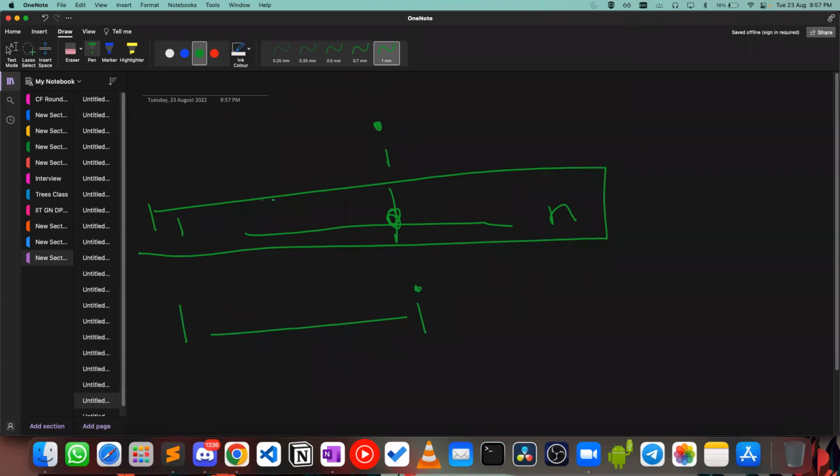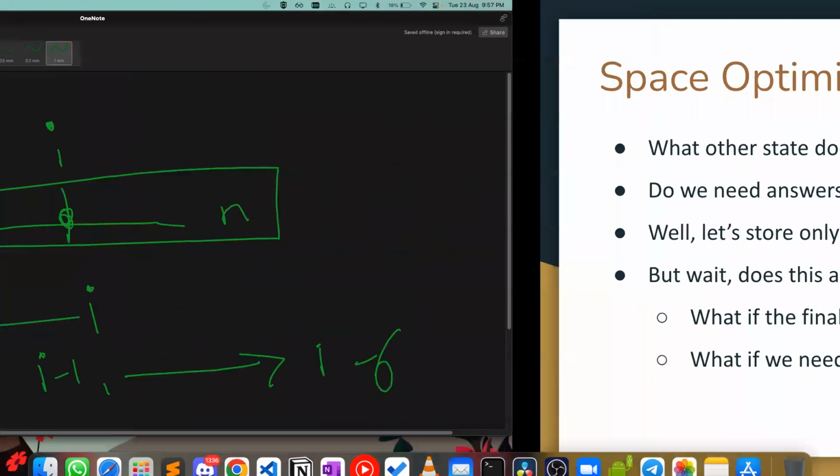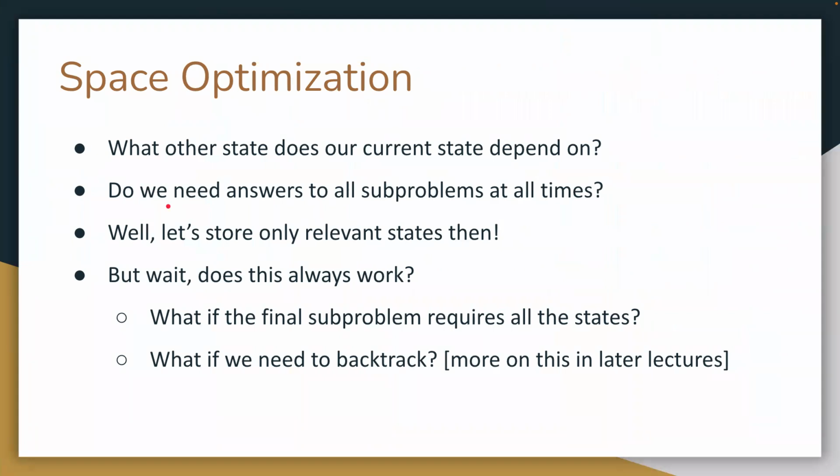If I think about these states from I minus 1 to I minus 6, these are the only states that I will need the answer of, right? Before that, everything is useless for me now. So that's the second step. Think whether you need all the subproblems at all times. And now the third step is to just store the relevant states.